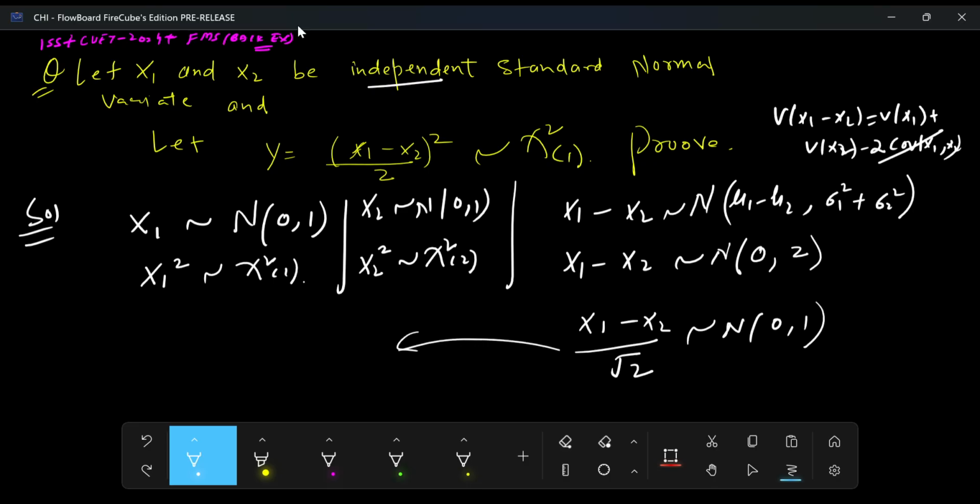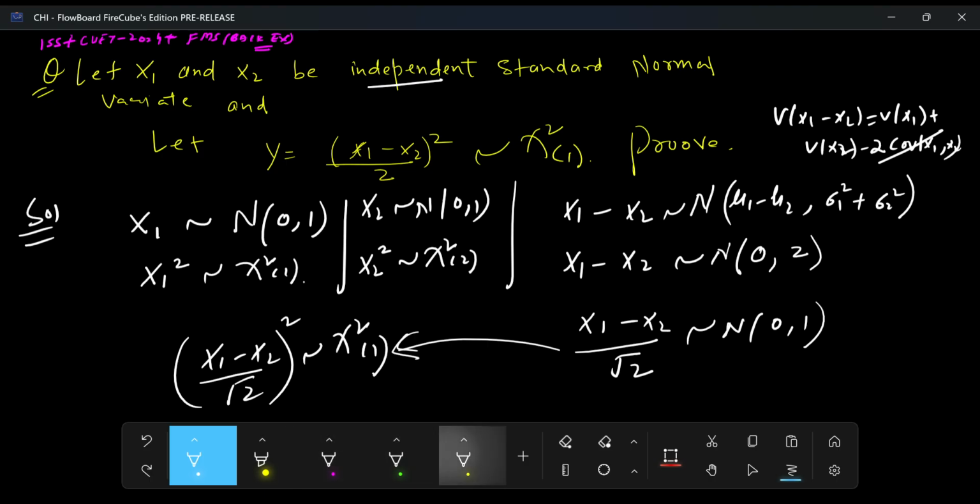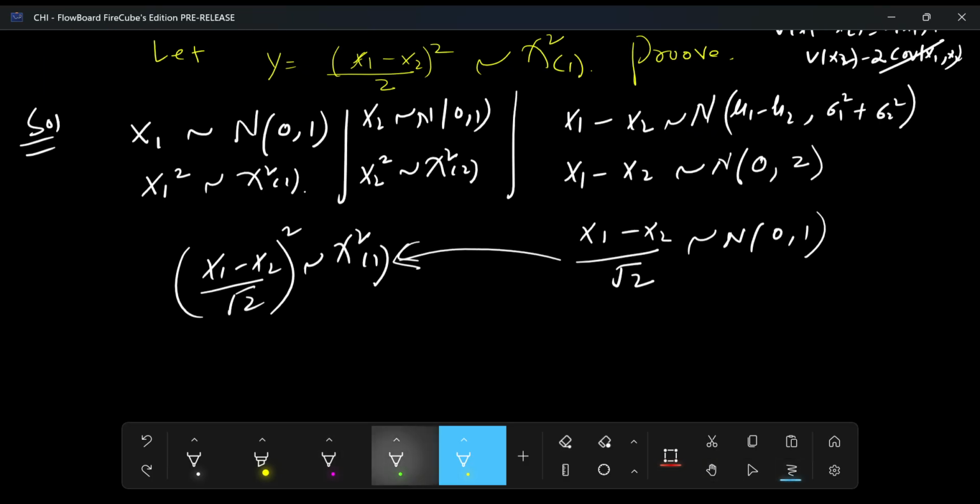And whenever we take the square of this, it will follow chi-square 1. So can I write this as x1 minus x2 whole square upon 2 will follow chi-square 1.